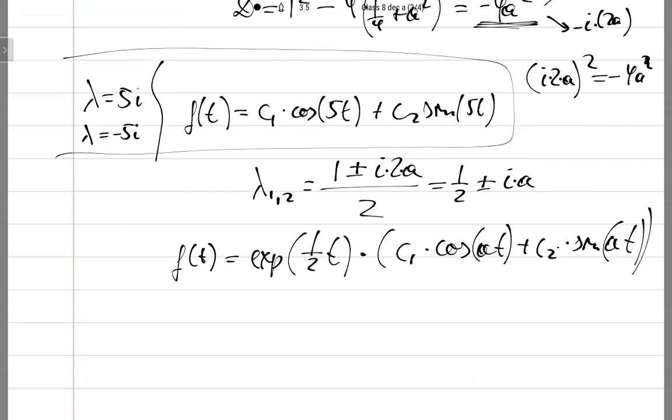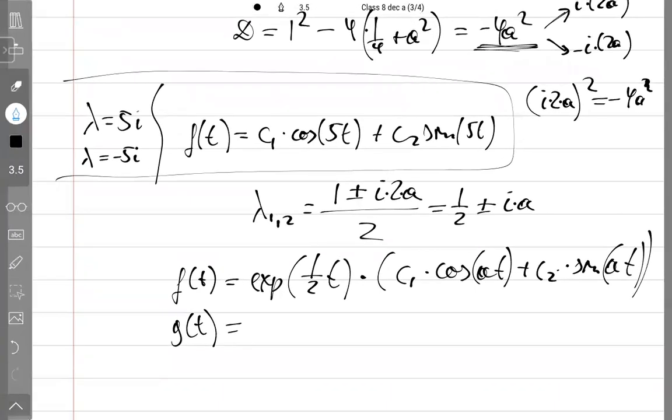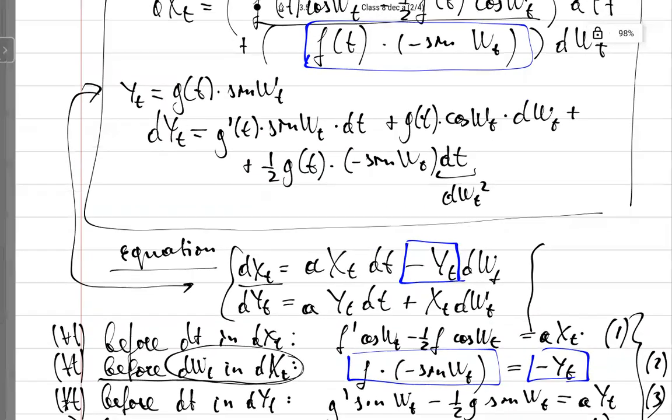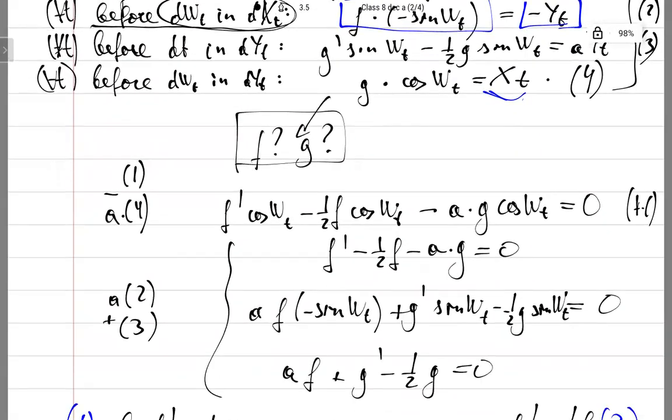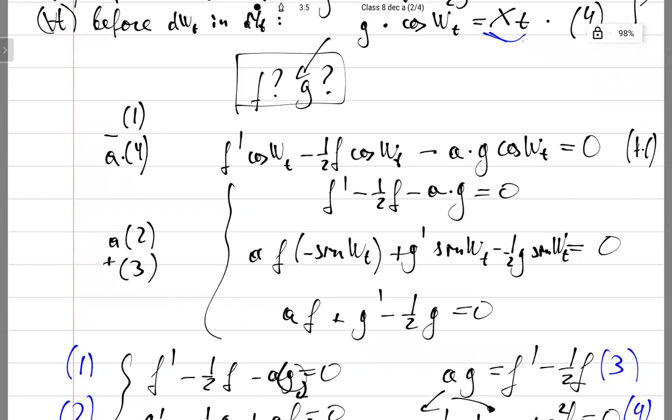And J of t equals what? The derivative minus 1/2 of the function, as far as I remember, and divided by a.